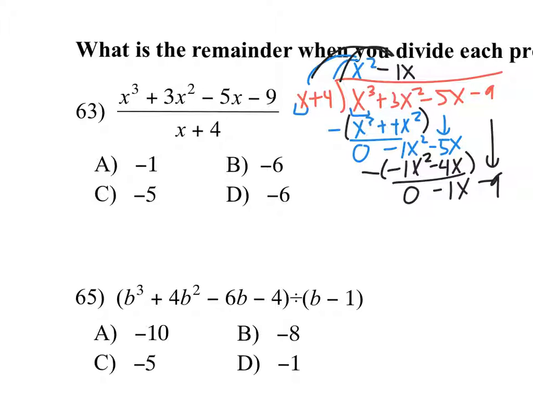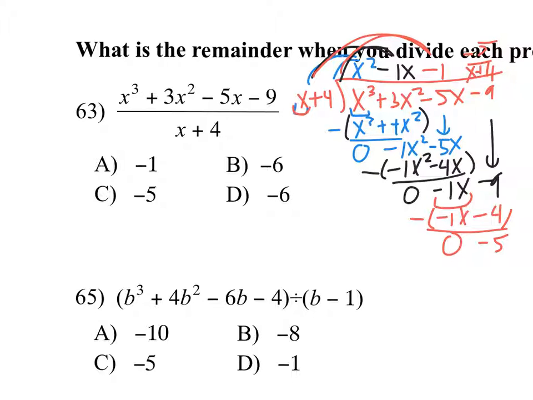And then finally, to get from x to minus 1x is going to be minus 1. Distribute that down, and we're going to have a minus x and a minus 4. Subtract 0, and we've got -9 minus -4 is going to be minus 5. So you get minus 5 over x plus 4.